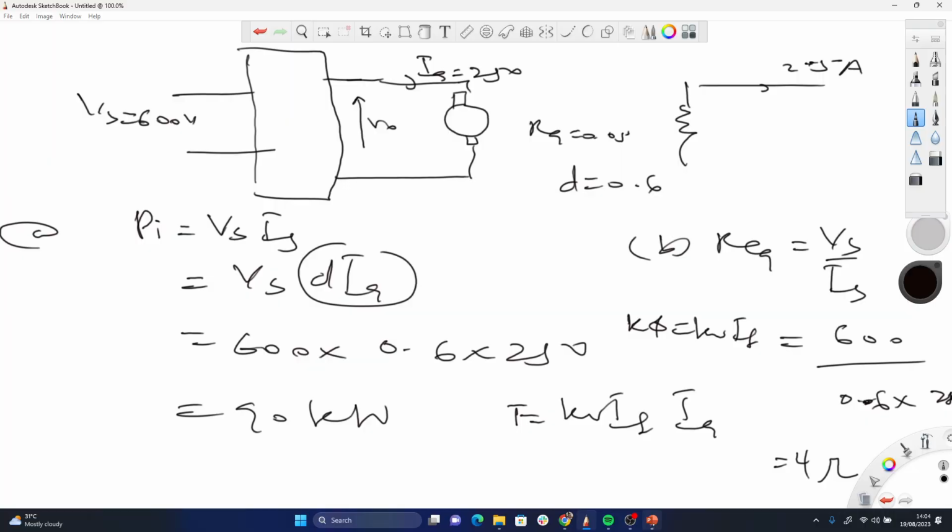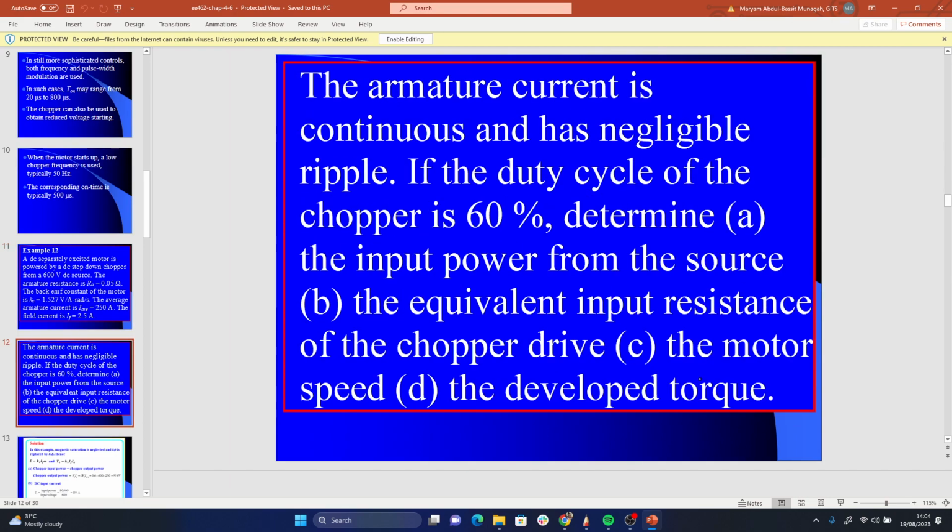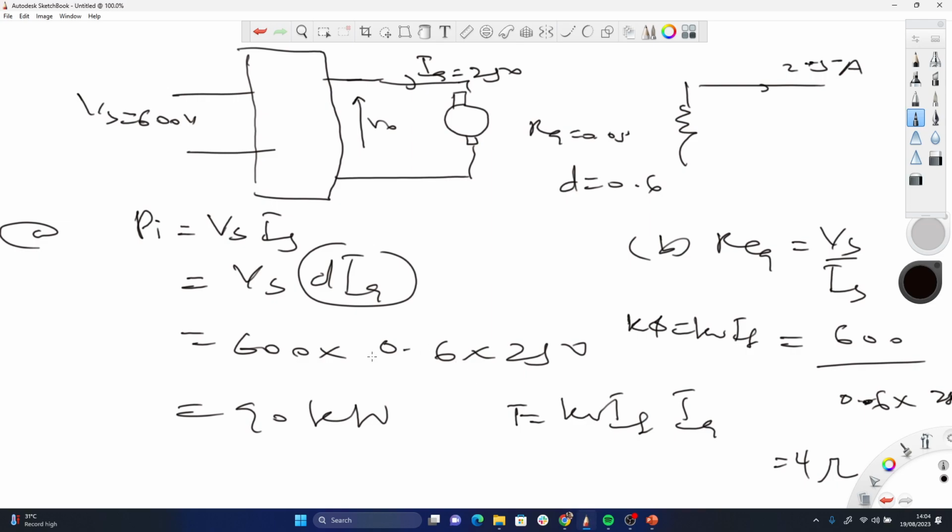I have my Kv here, I have my If here, I have my Ia here. I multiply them to get my torque. Now I have my torque. I can find my speed as VA over KvIf minus RaT over KvIf squared.